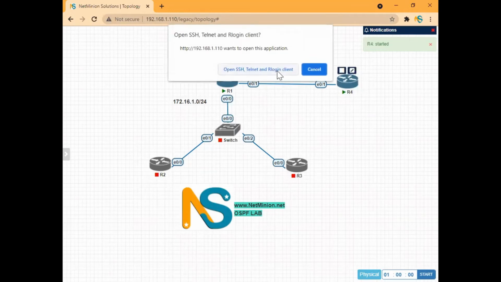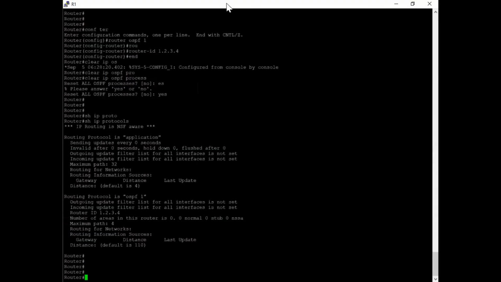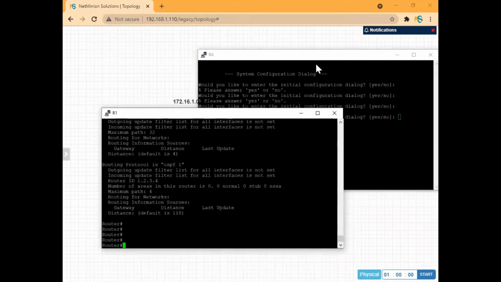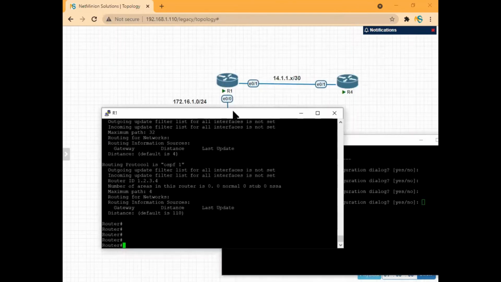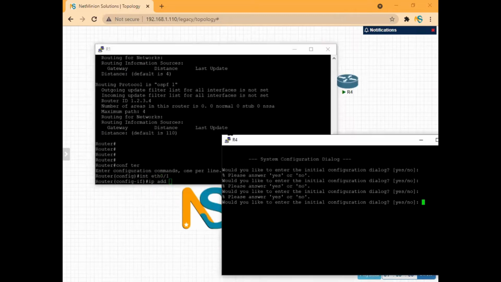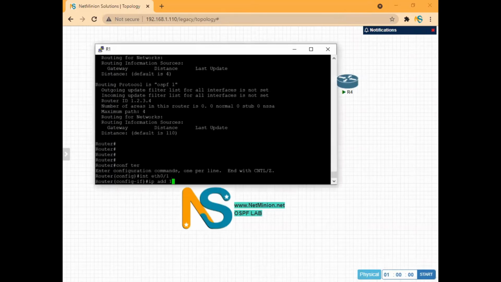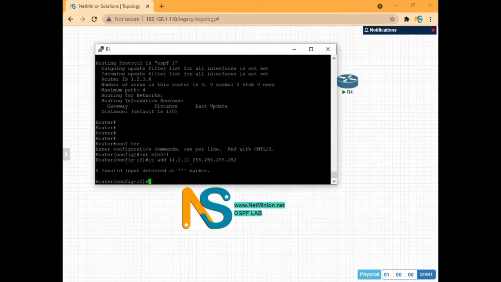Okay, router 4, let me boot it up. Meanwhile, let me check on router 1 whether the IP addresses are there or not. Router 1 has the eth 0/1 port, interface eth 0/1, and the IP address, if I'm not wrong, is 14.1.1.1 on this side with /32.